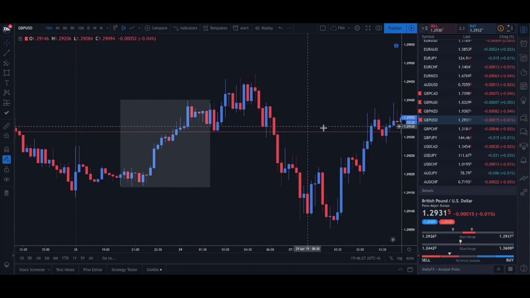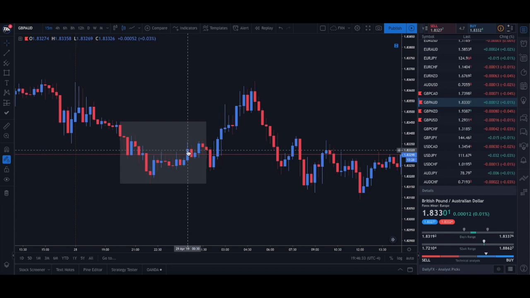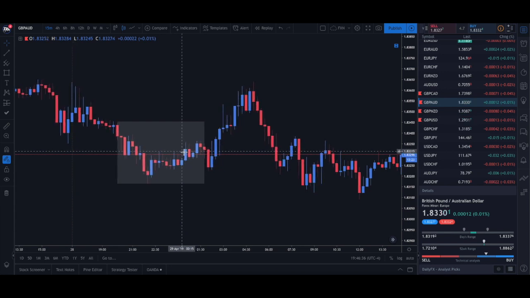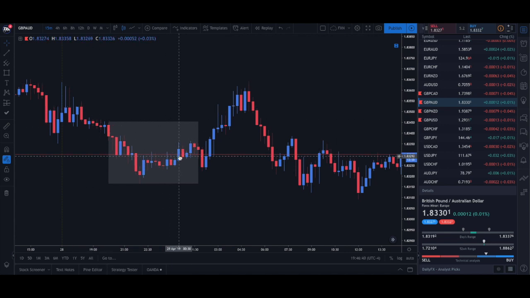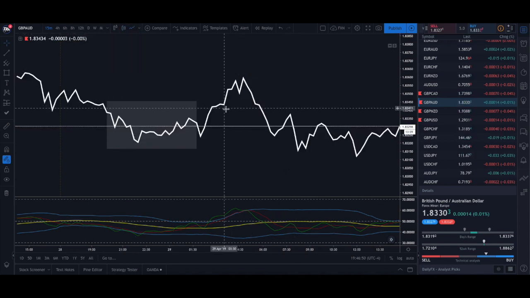Now, when you start to add some indicators to it, you can basically use the indicators to help you confirm what you're seeing. So, for example, if we take pound AUD and let's say we add a TDI to it, and we're looking now at a line chart here, right? You can see the second leg of the M here. When it starts to create it, what happens on the TDI? It's outside of the bands and it's coming right back in, and it crosses the red signal line right on the second leg, right? That's an extra form of confirmation that you can use.